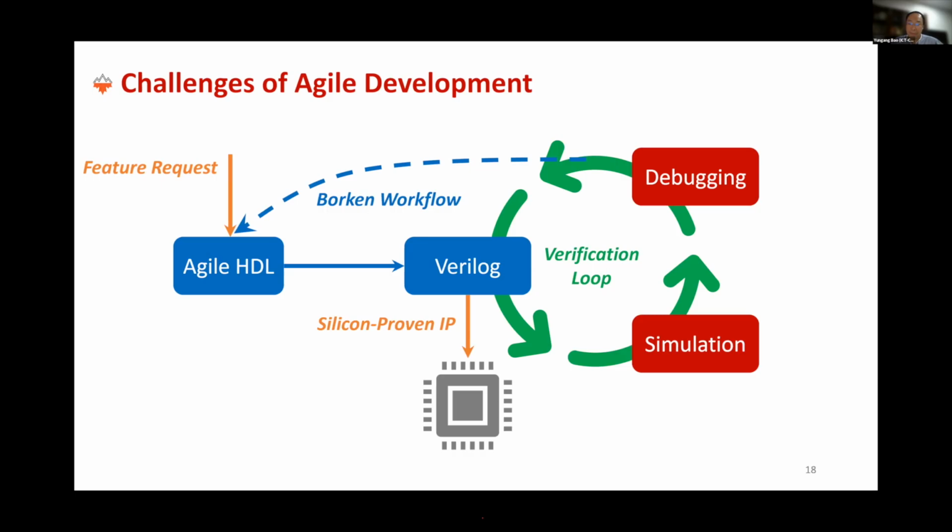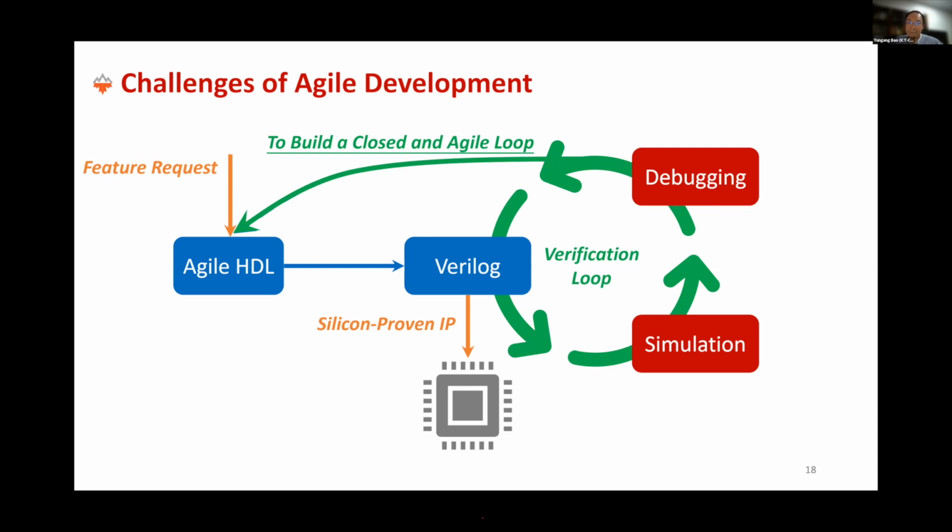So we had to do a lot of work to fill the gap and build and close an agile loop. Next I will introduce our work on how to bridge the gap between agile design and traditional verification.